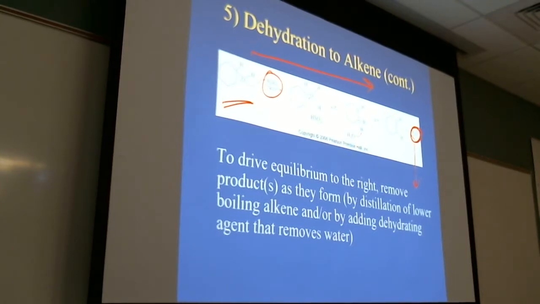If conversely, I get an alkene and I put it in a sea of acidic water, then I'm pushing this in, and my whole equilibrium goes to the left. Remember Le Chatelier's principle. How do you control an equilibrium? Well, you remove products, that drives the equilibrium to the products, or you add more product, that drives the equilibrium towards the reactants.